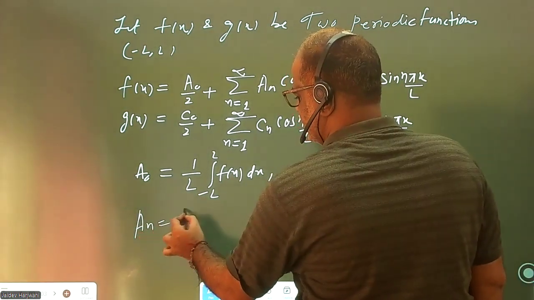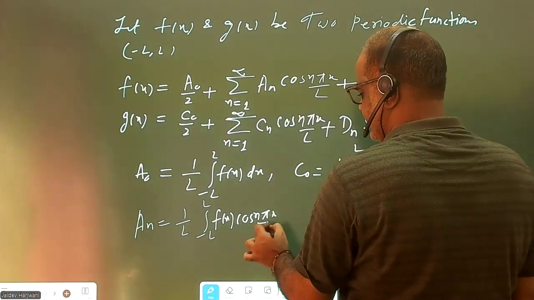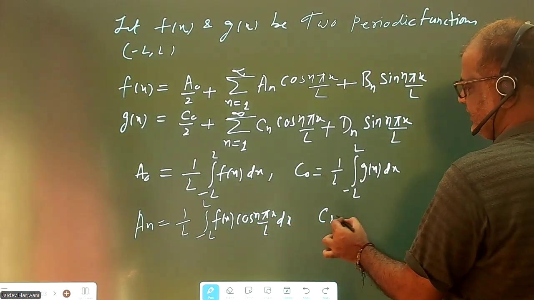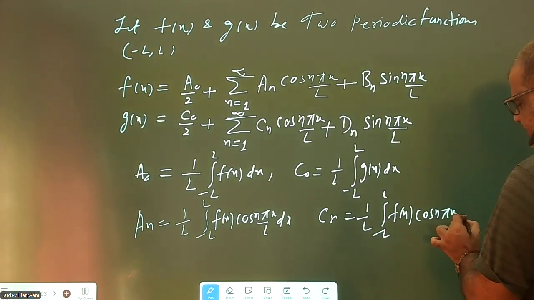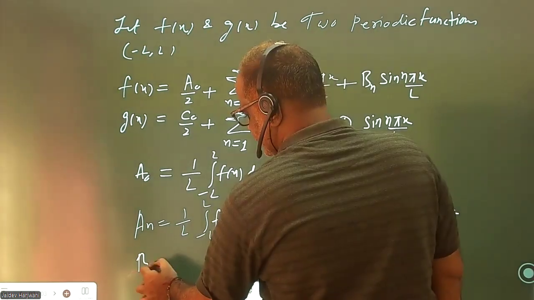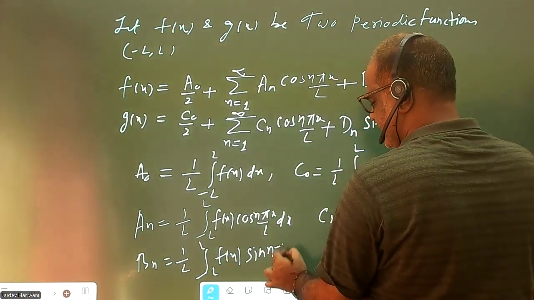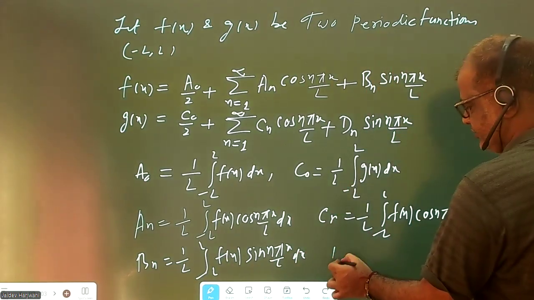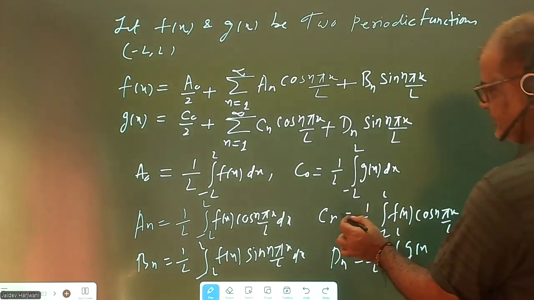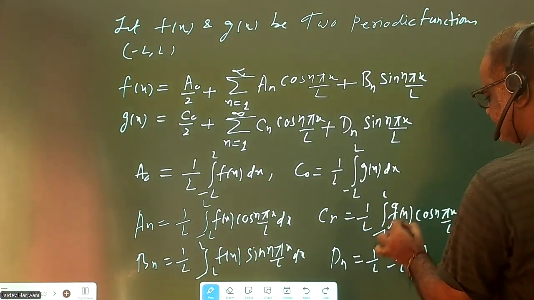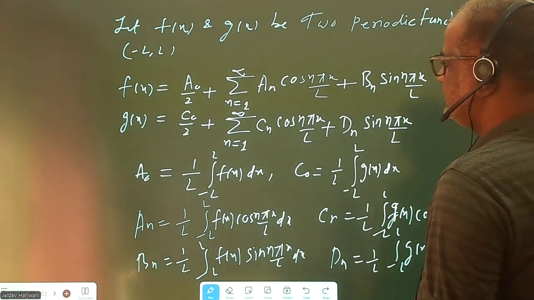Similarly, an is 1 by L integral from minus L to L of f(x) cos of n pi x upon L dx, and cn is the same with g(x). Bn is 1 upon L integral from minus L to L of f(x) sine of n pi x upon L dx, and dn is 1 upon L integral of g(x) sine of n pi x upon L.